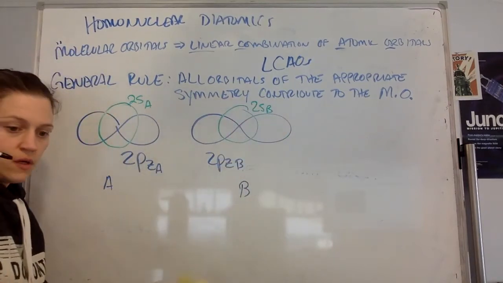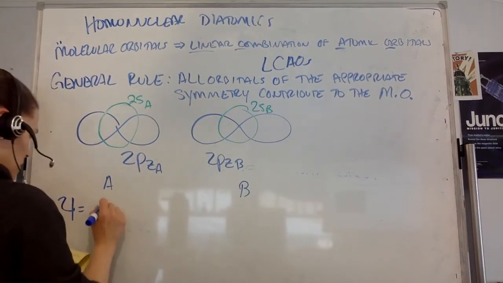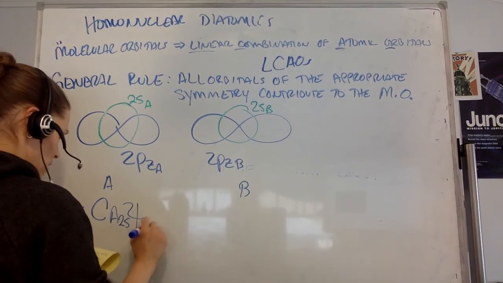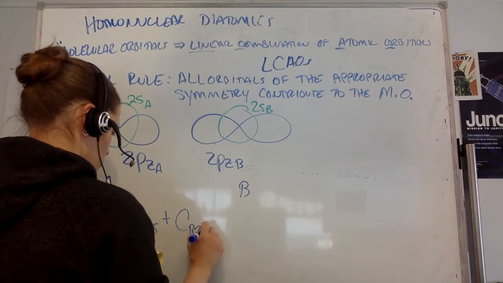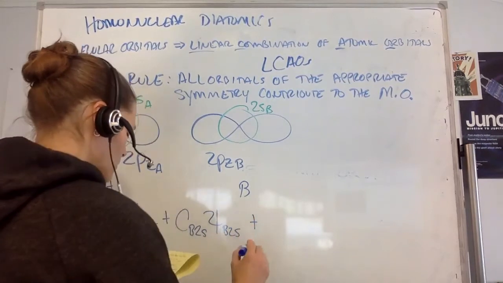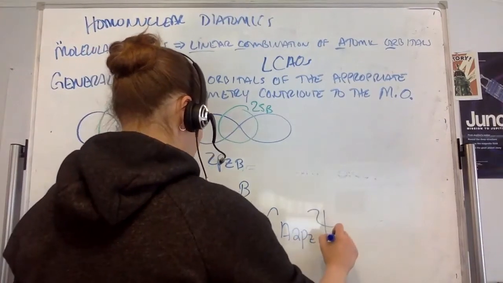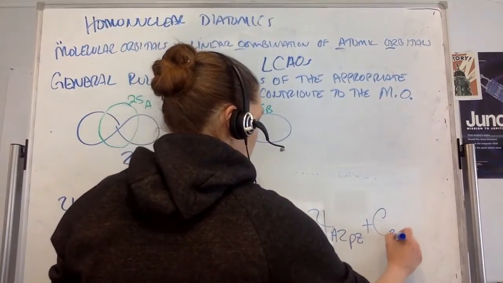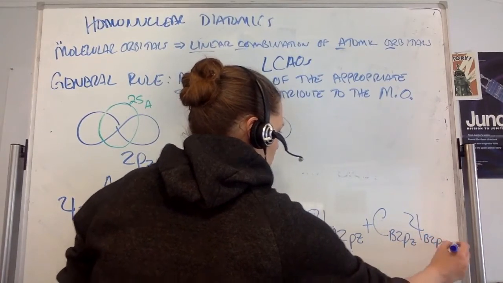All right? So what we're going to do is a linear combination of those. So psi equals the coefficient for A 2s times the wave function of A 2s, plus the coefficient for B 2s times psi B 2s, plus the coefficient for A 2pz times the wave function for atom A 2pz, plus the coefficient for B 2pz multiplied by the wave function for B 2pz.